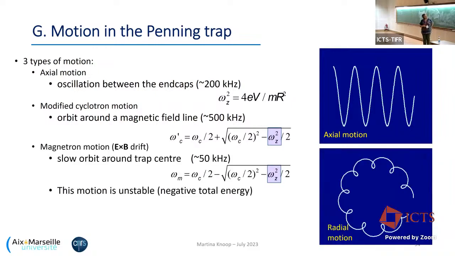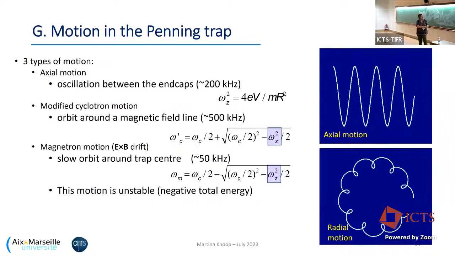And if you go on looking at the couplings of these motions, then you have what we call the magnetron motion, which is really the E cross B drift, okay? So not only do the ions rotate around the B field lines, but they also rotate around the center of the trap, okay?